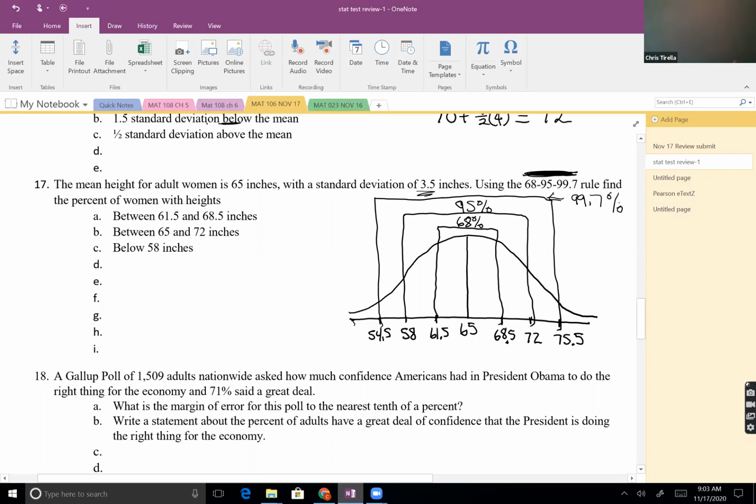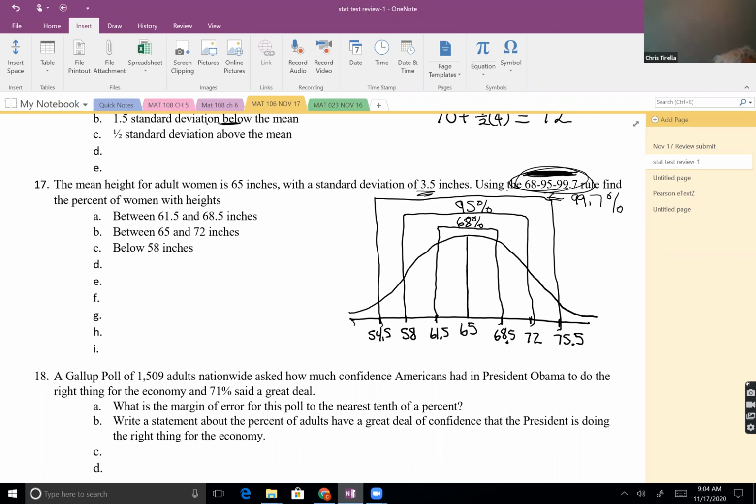Please notice I did that without even looking at what the question asked. I did that because I was told to use that 68, 95, 99.7 rule, and it's easiest for me to use that rule when I look at this graphic.